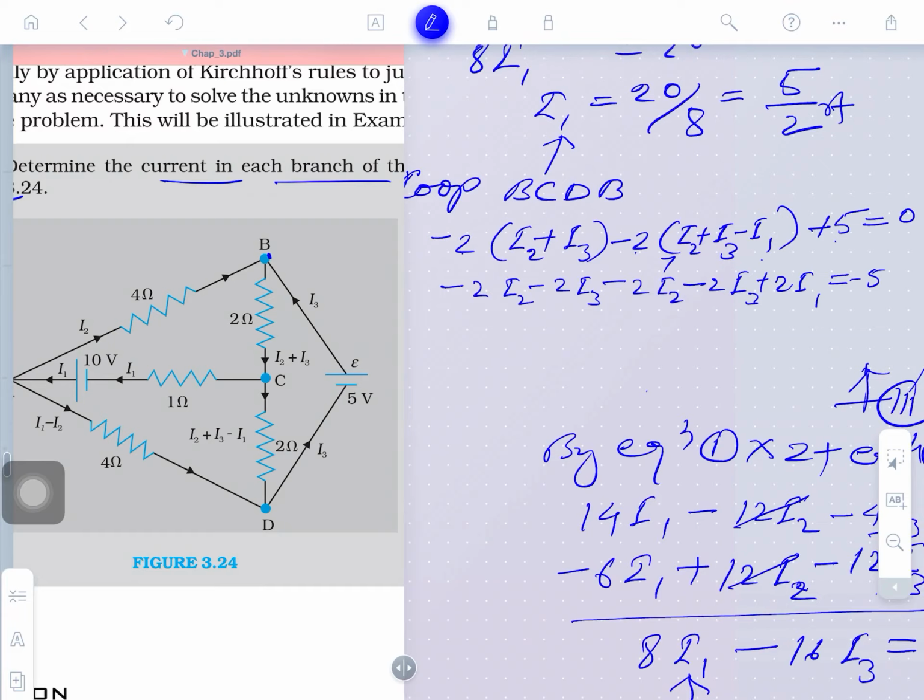So here, okay, it shall be what? Minus 2 I1 is there. So 2 times I1 plus 2I2, minus 4I2.